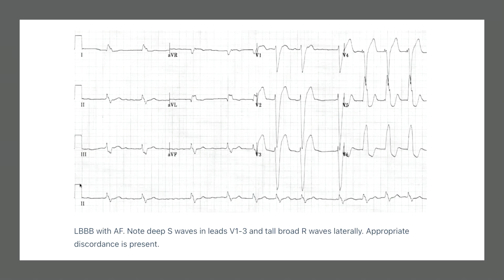If you look at this, again, you have wider than 120 milliseconds. You have the deep S wave in lead V1, V2, V3, and then you have that discordance with that ST segment. If you look at lead 1 and lead V6, you have that upright R wave, and then in V6 you also have that discordance with what looks like that ST depression, which is normal for that left bundle branch block.